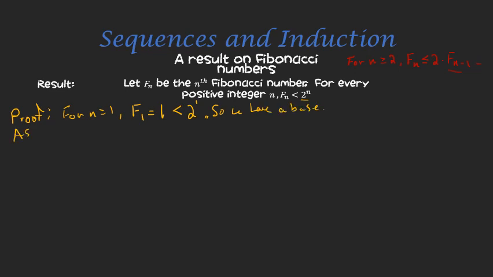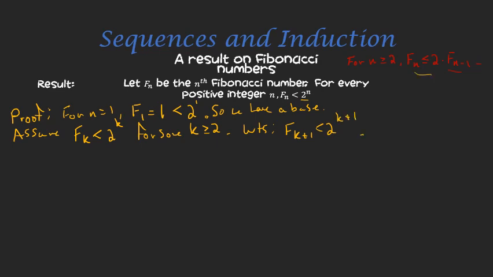Now assume f_k is less than 2 to the k for some k greater than or equal to 2. We want to show that f_{k+1} is less than 2 to the k plus 1.